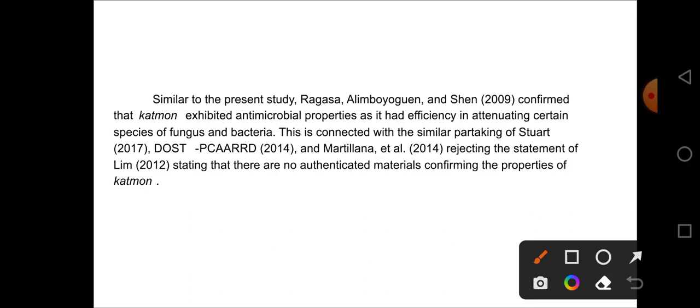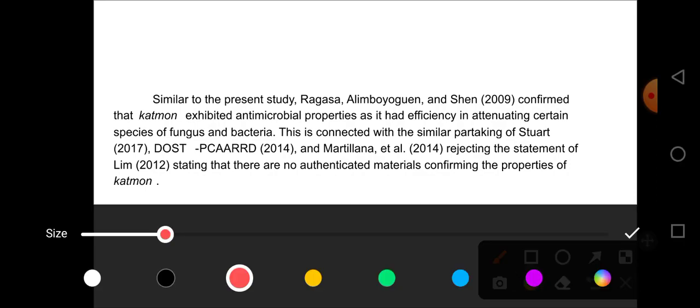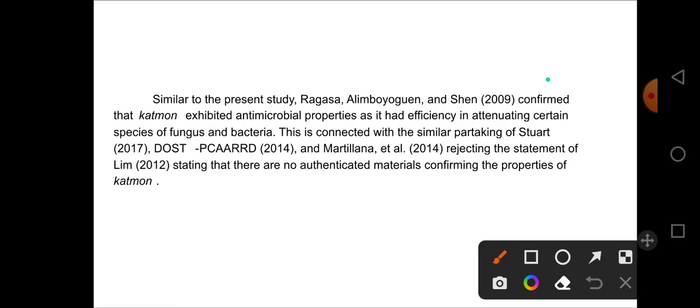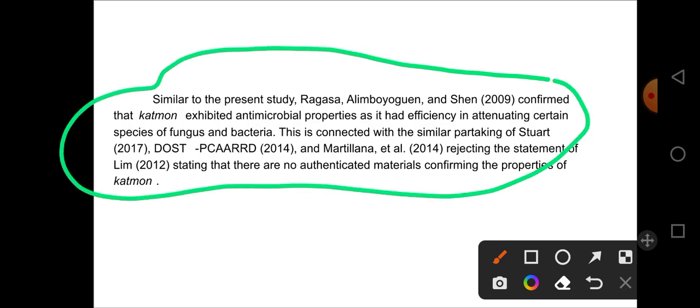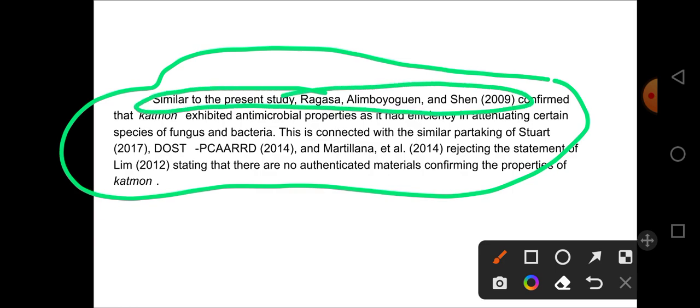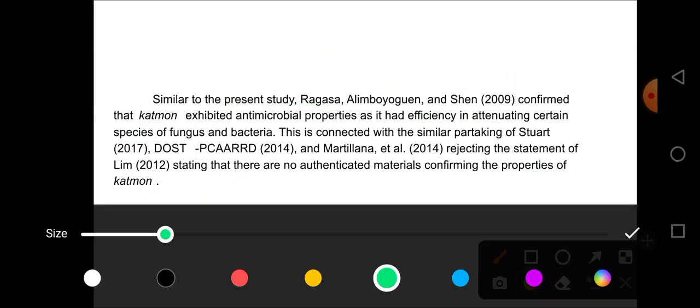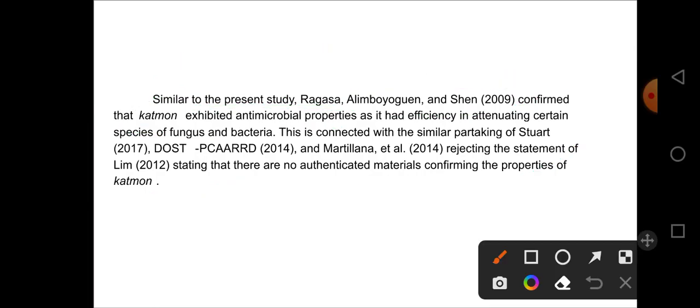We have here an excerpt from an RRLS. Similar to the study of Ragasa, Alimboyoguen, and Shen, it was confirmed that Katmon exhibited antimicrobial properties as it had efficiency in attenuating certain species of fungus and bacteria. We have here the key term similar.